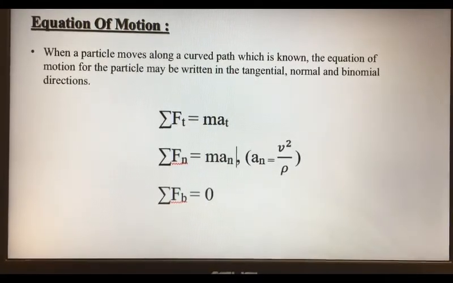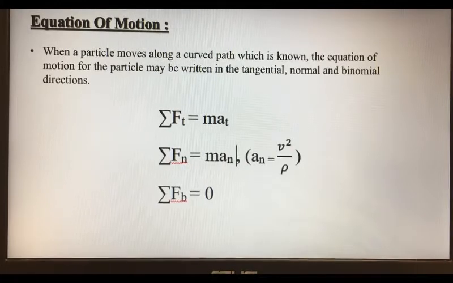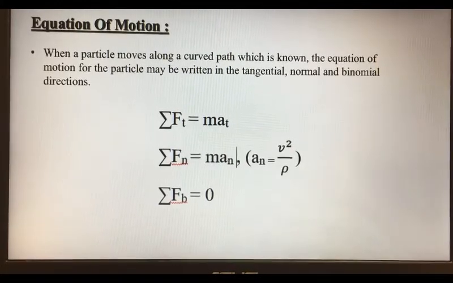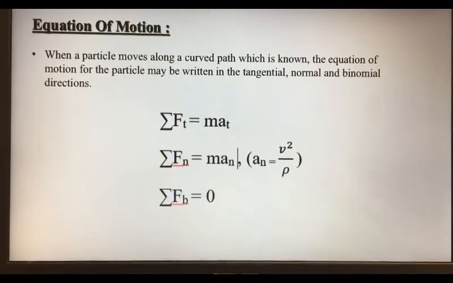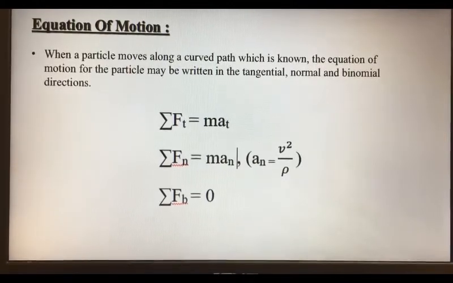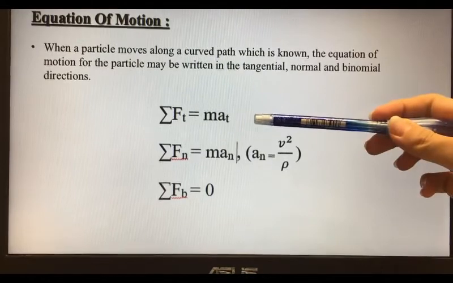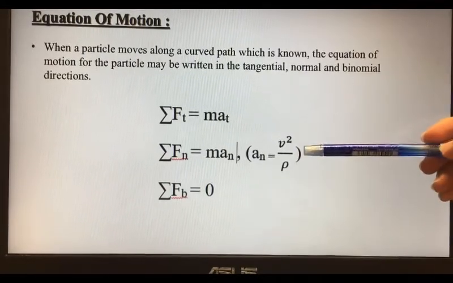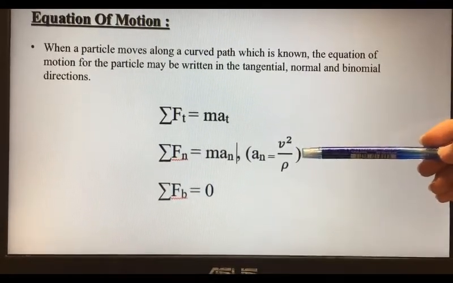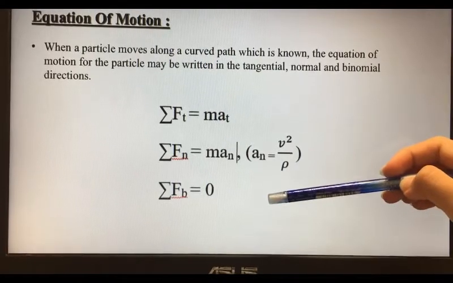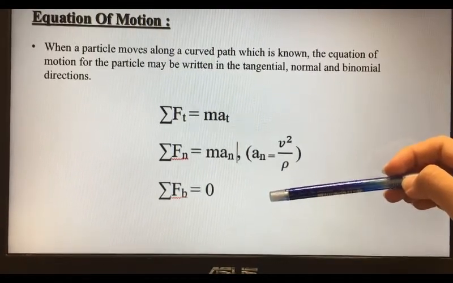The equation of motion for the particle may be written in tangential, normal, and binormal directions. This is the equation for tangential directions, this is the equation for normal directions, and this is the equation for binormal directions.